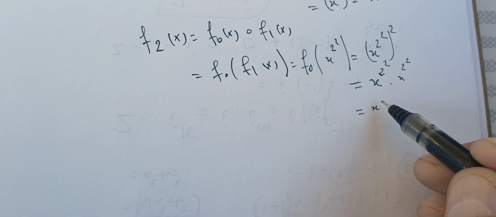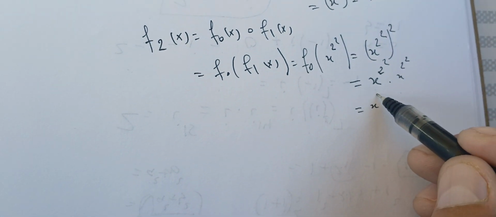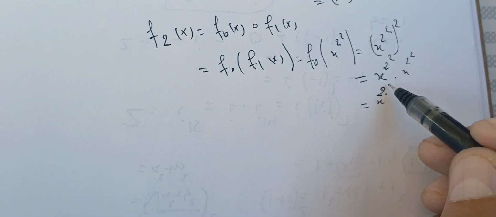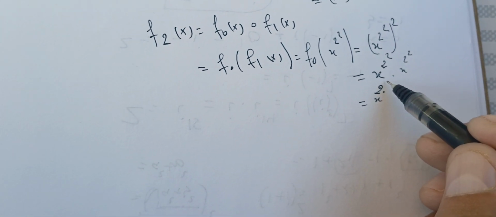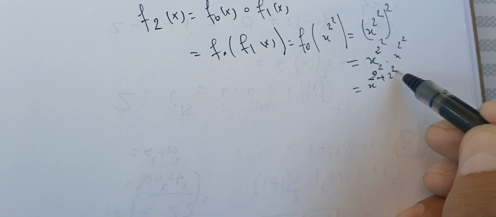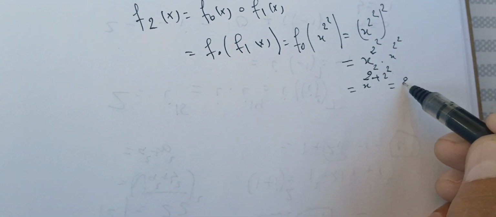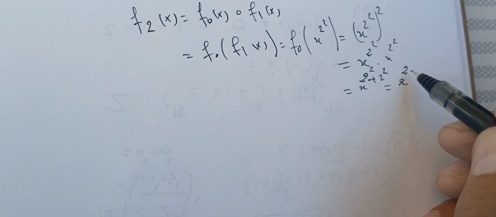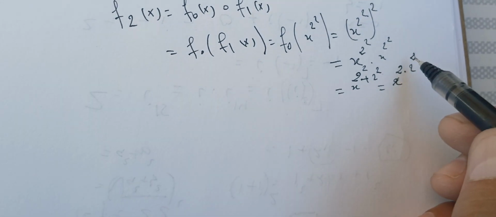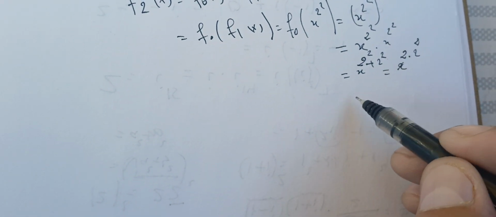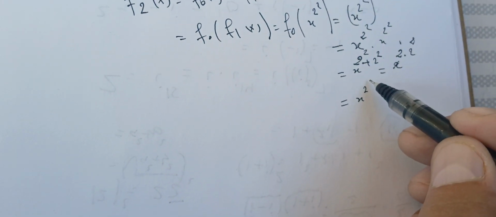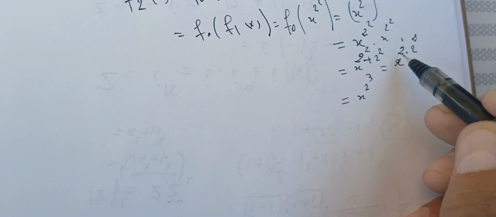Using the definition of the exponent, this is just 2 to the power 2 plus 2 to the power 2. And this means that it's x times x to the power 2 times x to the power 2 to the power 2. But this is just x to the power 2. This is 1 here. And 2 plus 1 is 3.